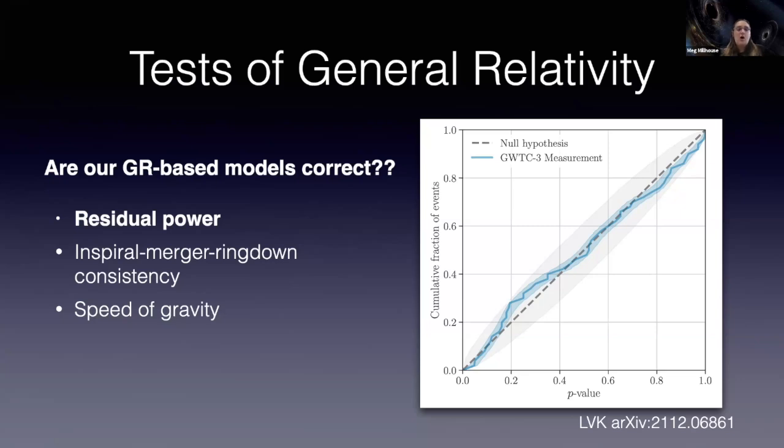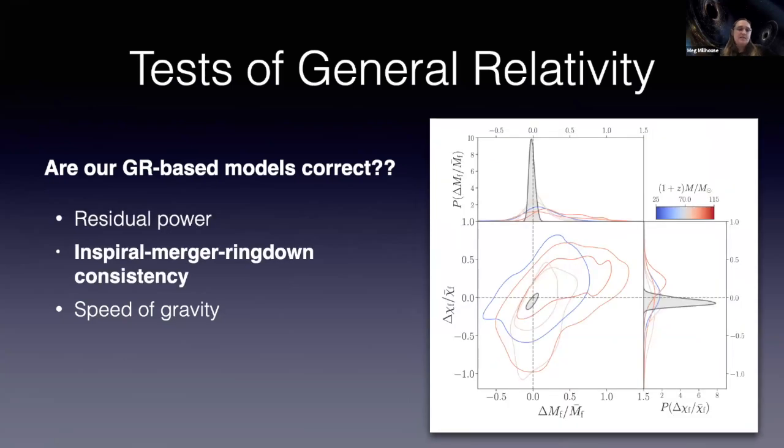So far, all of the events we've seen do not leave any residual power, so our models seem sufficient. The second test checks the consistency between different phases of the signal. We split the waveform into the inspiral and post-inspiral phase, and we run separate parameter estimation on each segment independently to infer the final mass and spin of the black hole.